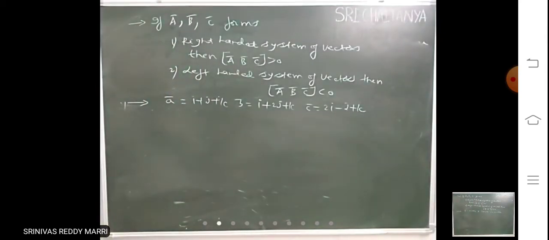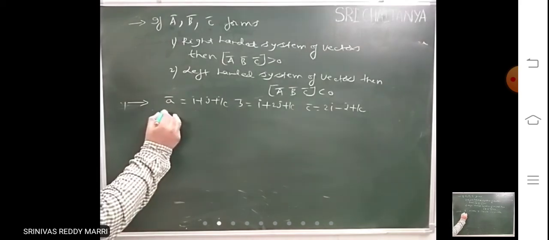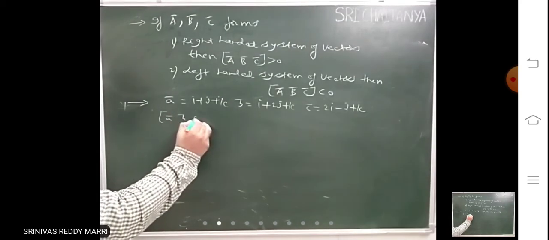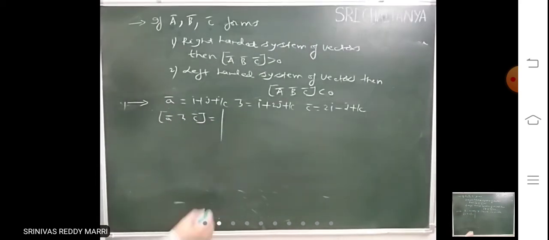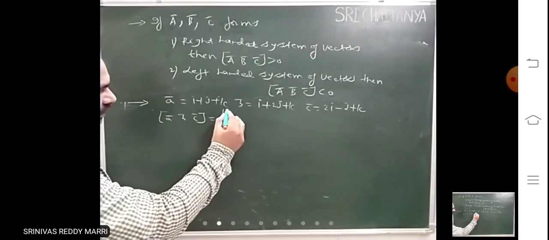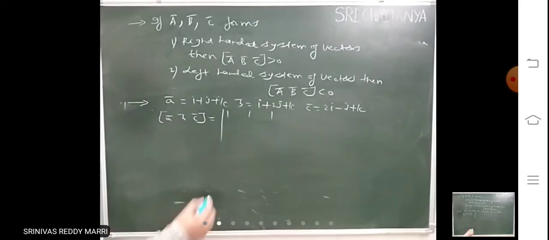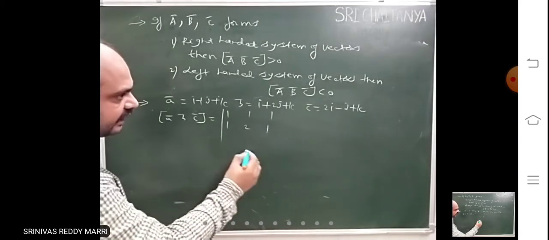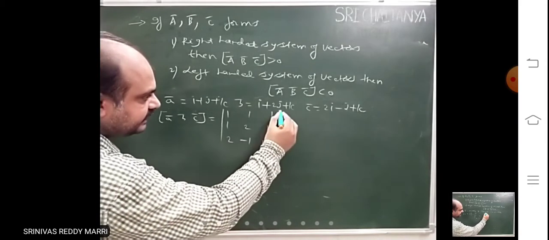Suppose for these three vectors, you have to check whether they form a left-handed system or a right-handed system. So box of ABC is nothing but the determinant 1, 1, 1; 1, 2, 1; 2, minus 1, 1.